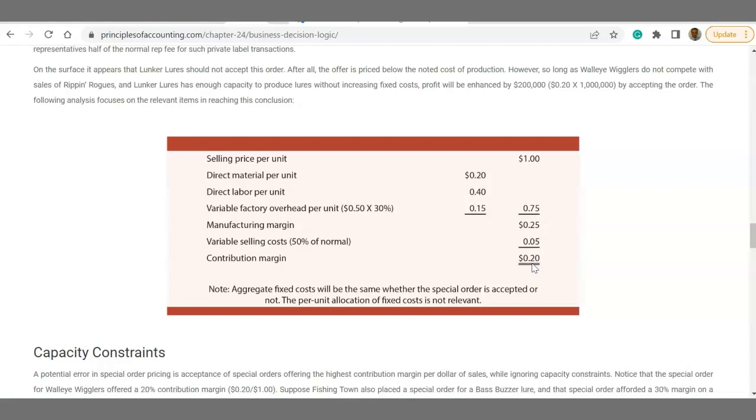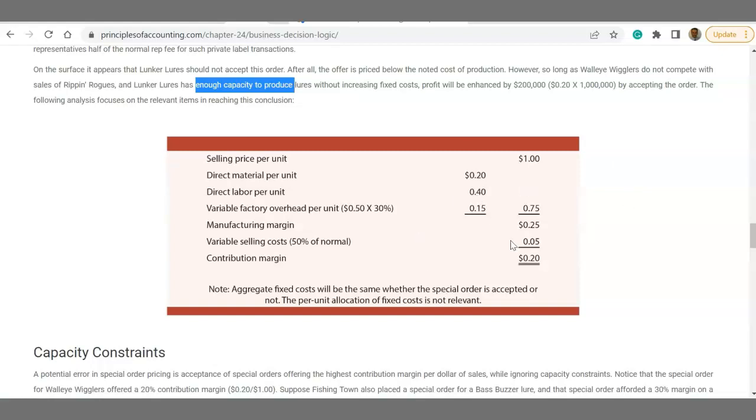So by knowing the variable expenses, you can easily understand the actual contribution margin. And if the contribution margin is positive, you can make some money here, as you see, $200,000. It's also important to understand that you have enough capacity to produce, and you are currently producing below capacity.